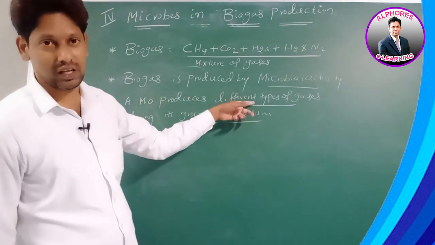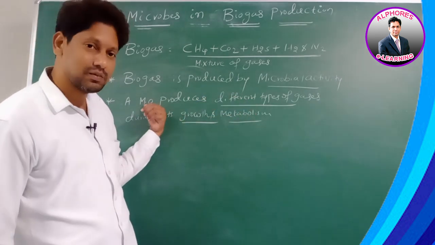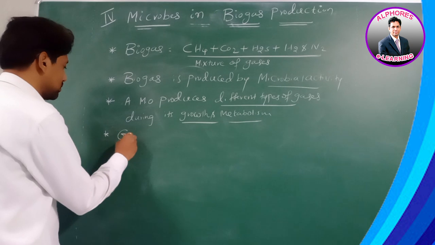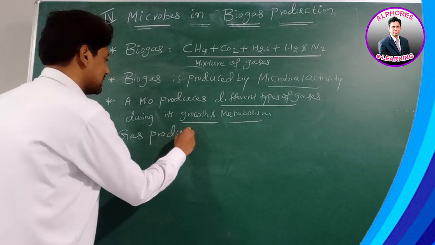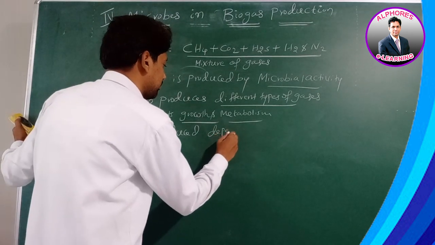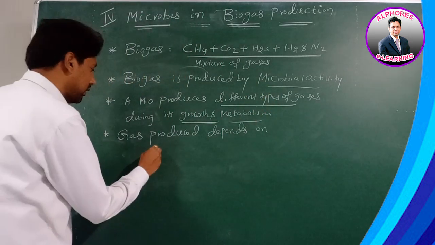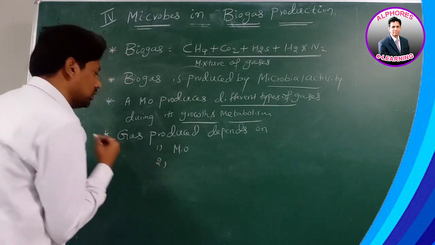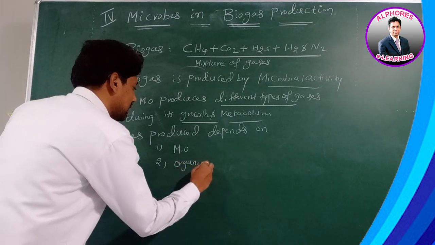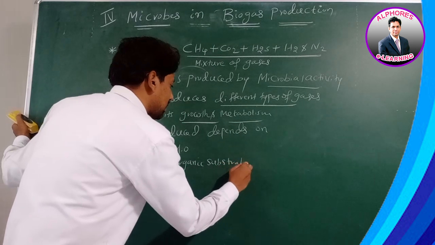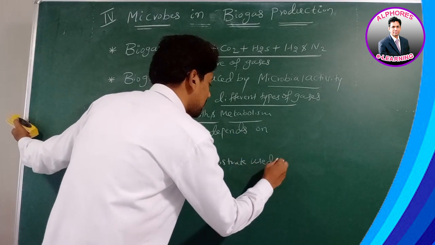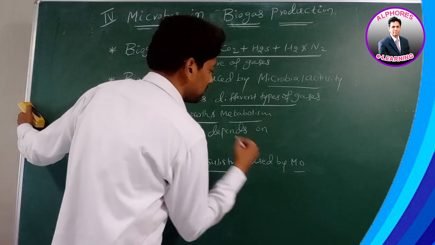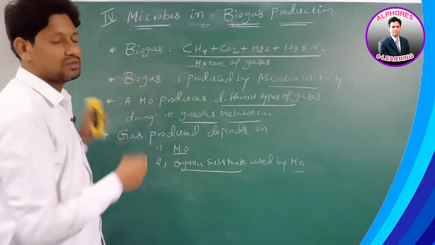Therefore, the gas produced depends on, number 1, the microorganism, and number 2, the organic substrate used by the microorganism. Based on these two, we get different types of gases.